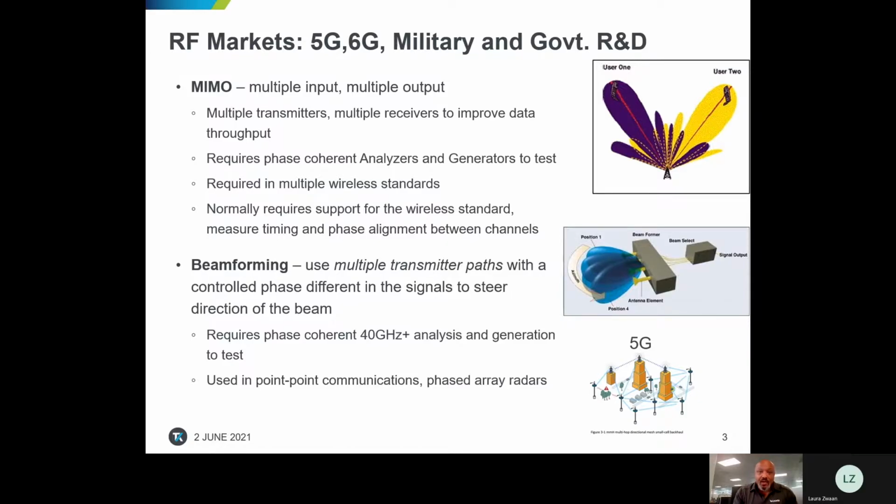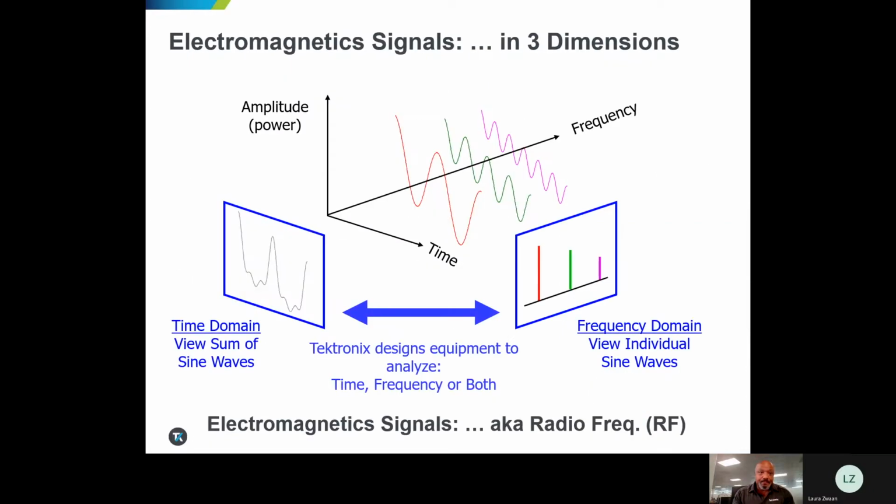So we at Tektronix are very aware that our customers, as well as our sales force, are going into meetings in which they have to communicate the value of choosing between a spectrum analyzer and an oscilloscope. But in the end, it all comes down to electromagnetics.